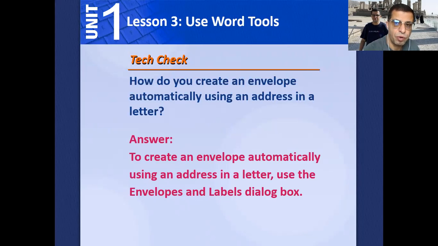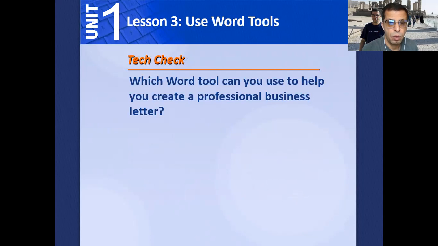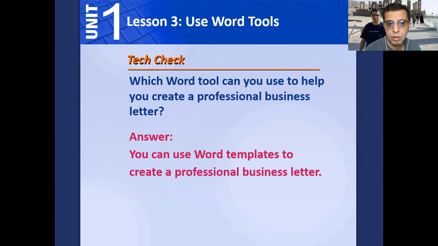To create an envelope automatically using an address in a letter, use the Envelopes and Labels dialog box. Which Word tool can you use to help you create a professional business letter? You can use a Word template, that you've seen just recently, to create a professional business letter because they have some kind of guidelines also.